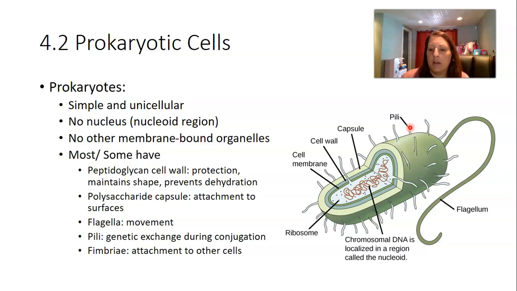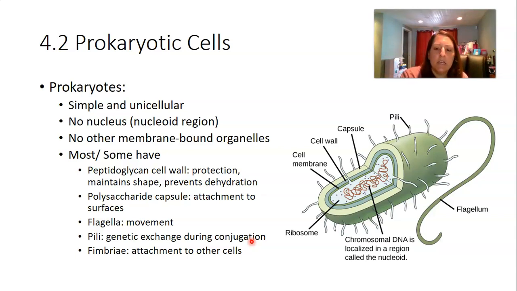Those pili are what do the exchange. So it's a connection made between two neighboring bacterial cells, and that is called conjugation. Okay, we don't call that sexual reproduction, because it's not sexual reproduction. It's just the movement of genetic material from one bacterial cell to another. Okay, and again, this usually happens on small, mobile DNA called plasmids.